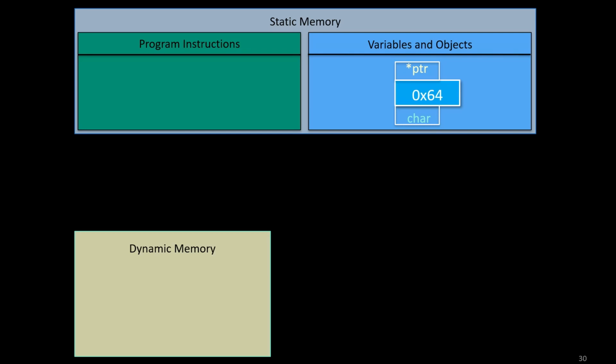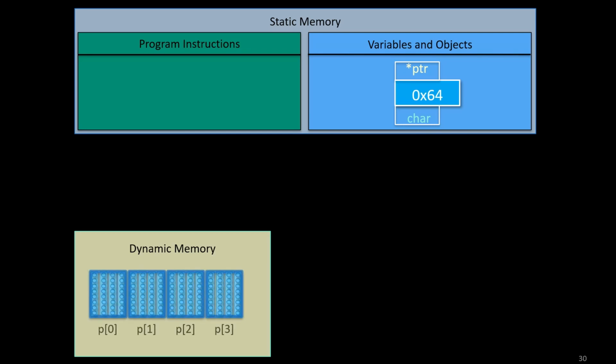So when we start the IDE, we have our source code in the program instructions in static memory with our variables. We need a way to create new memory and hold on to it. To keep track, we store the address of each region allocated in a pointer variable from static memory.